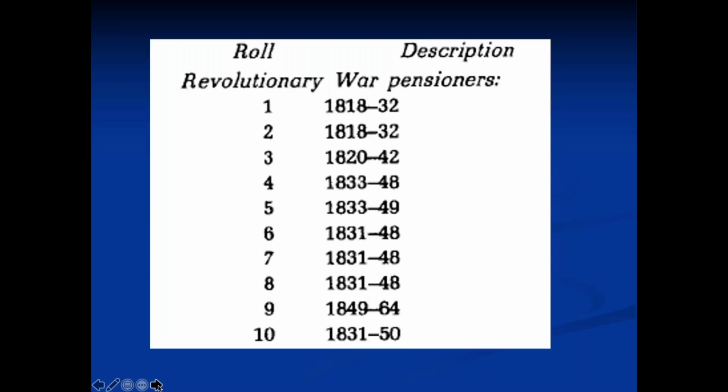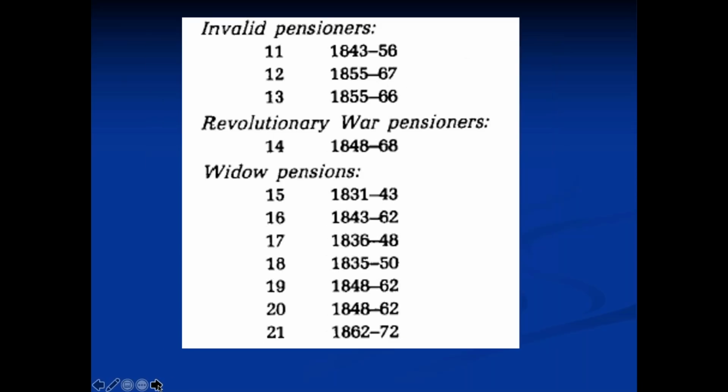It will tell you the microfilm rolls that it originally was on before Ancestry put it up. In the old days, we used to have to do this by hand. It was just terrible. It's a lot easier to do now. But you can see that it's invalid pensioners. These invalid pensioners, because of the time frame, more than likely are War of 1812, but then they're Revolutionary War pensioners, and then widow pensions also.